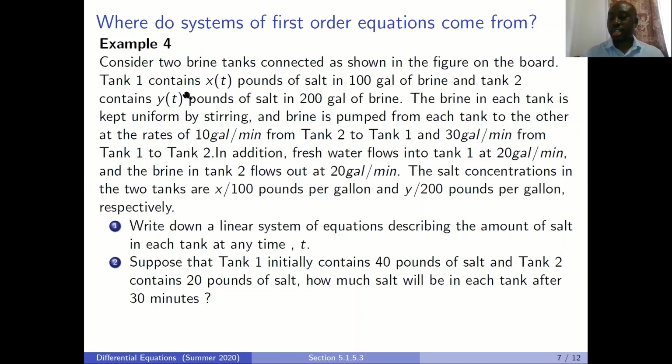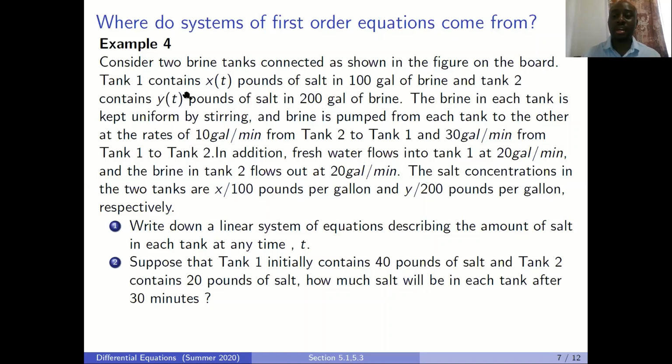Right. So here's an application, and this application is a more advanced version of the mixture problem that we handled in the first chapter. In the first chapter we had a single tank, with an inlet and an outlet, and we wanted to monitor the amount of salt in the tank at any time t. Now we can extend that problem by introducing a second tank or even two extra tanks.